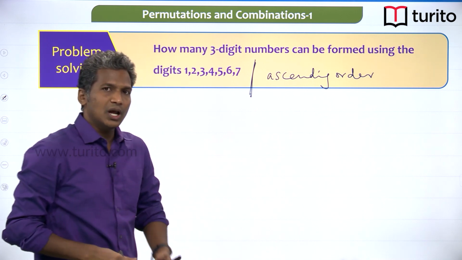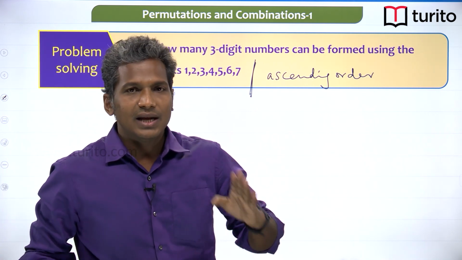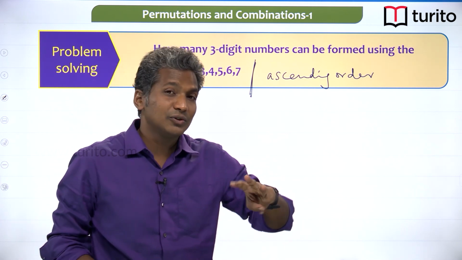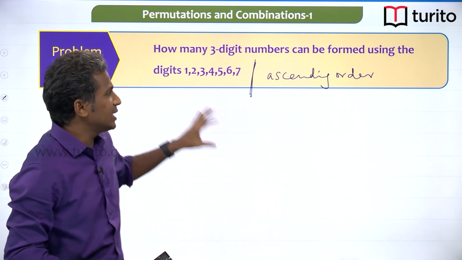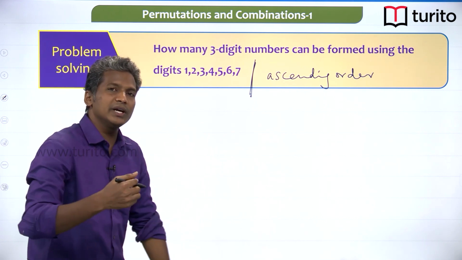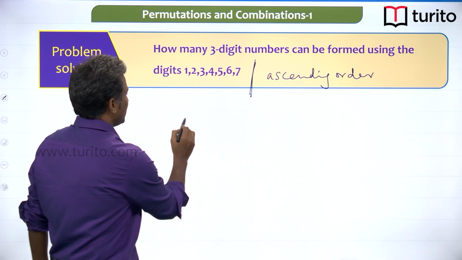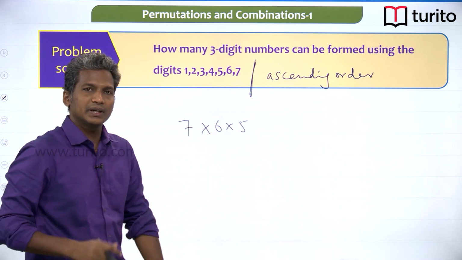Now, the moment I mention that the order should be ascending, it means digits have to be different, otherwise there is no ascending order. So, here it is a without repetition question. In how many ways can we form a 3-digit number without repetition? It is 7 into 6 into 5 here, right.